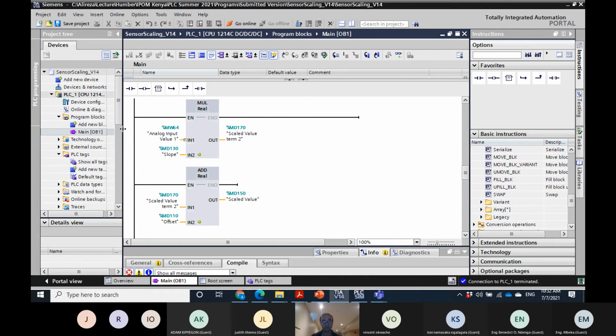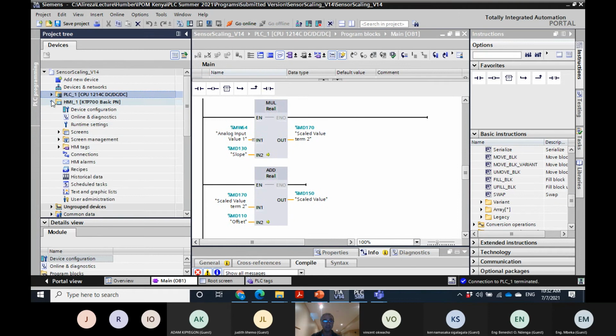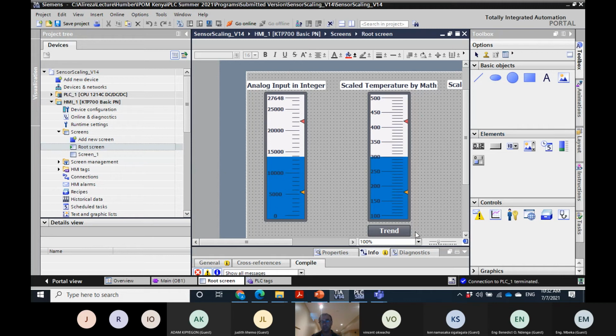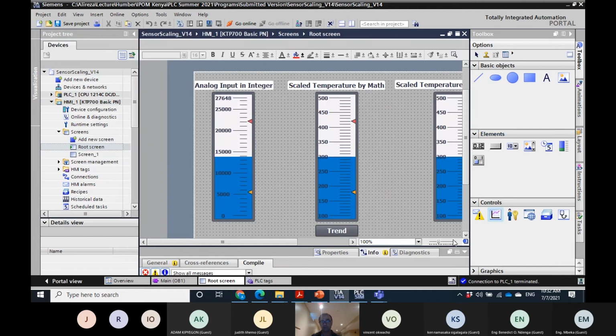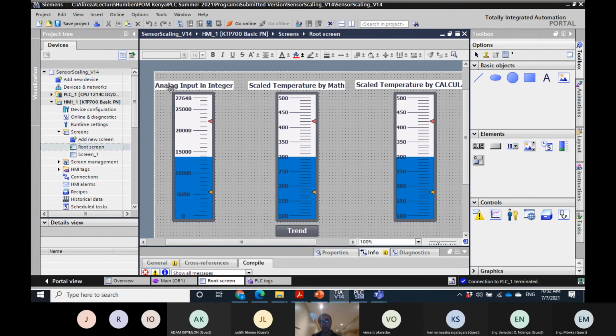For the HMI, again, let's see the HMI also and then simulate that. In the HMI, again, we have two screens. The root screen, in this root screen, we have just 3 bars. This bar shows the analog input in binary value, or let's say the decimal representation of that binary value.